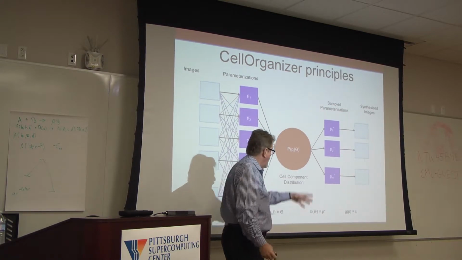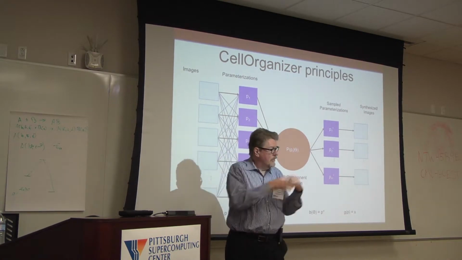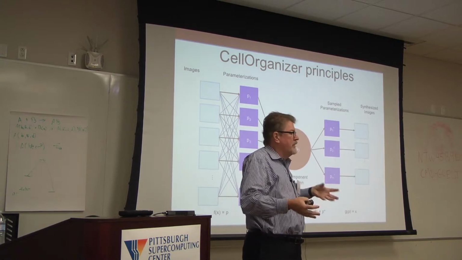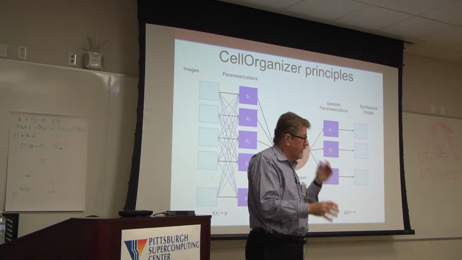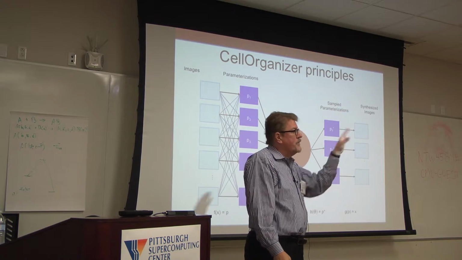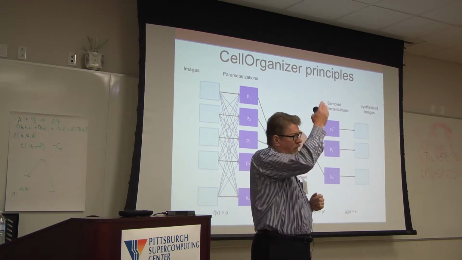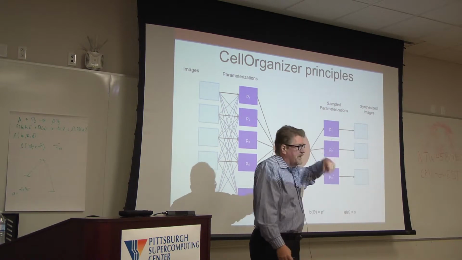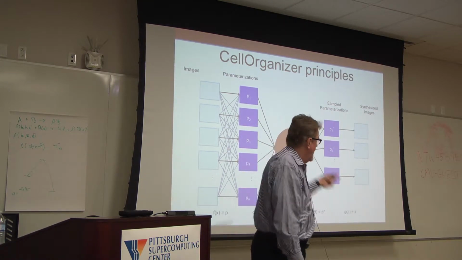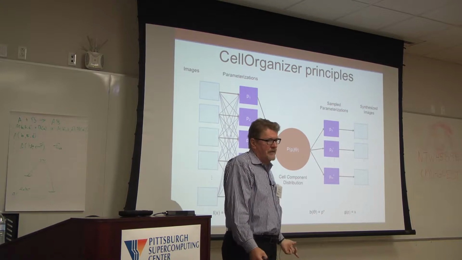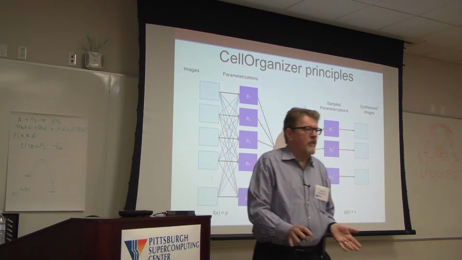Then we learn theta, which is supposed to summarize that distribution. So in a very simple model, for example, we could say every parameter is just represented by a Gaussian. Right? So all the theta is, is the mean and standard deviation of each of the parameters. It's a very, very simple model.